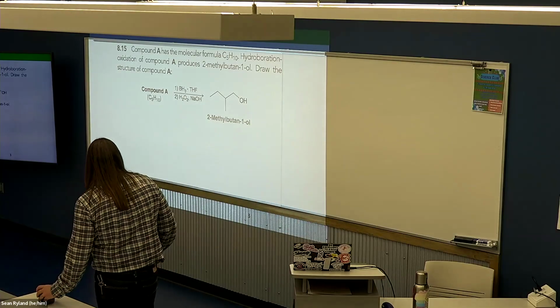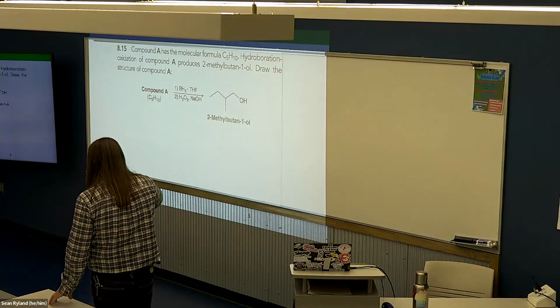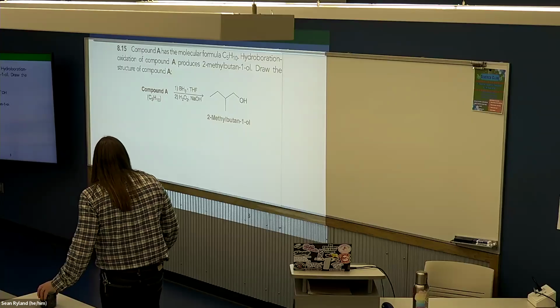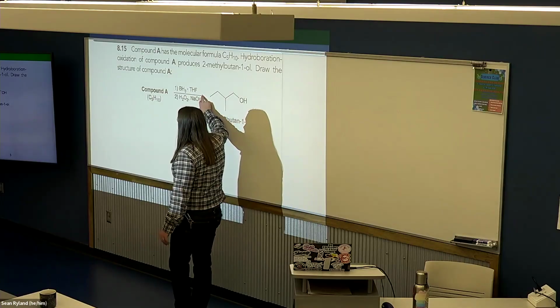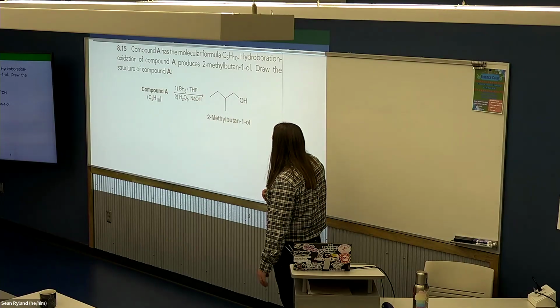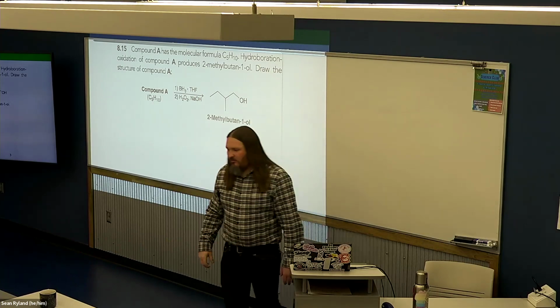If we have compound A, and we know the formula was C5H10, and when it goes through hydroboration, followed by oxidation, this is the product we get. What did we start with?